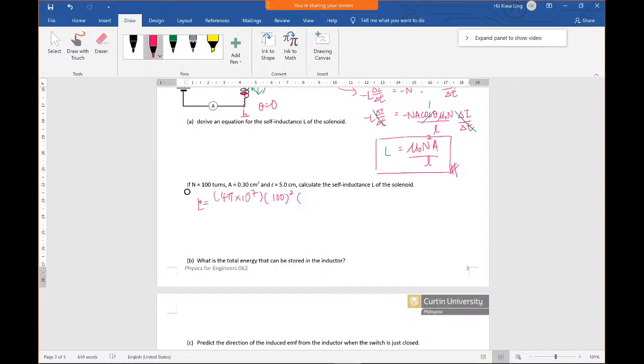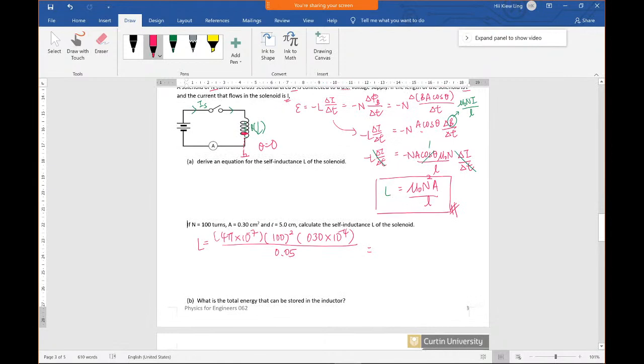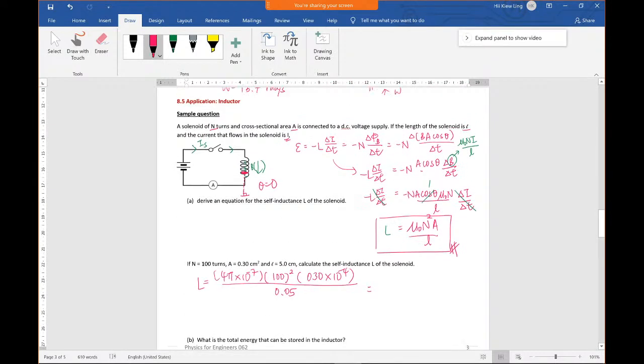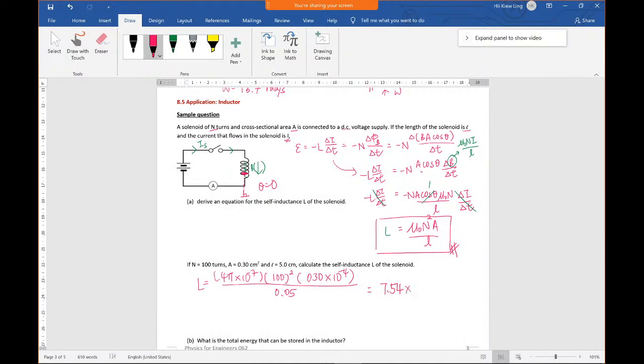Area 0.3 centimeter square, convert to SI unit times 10 to the power of negative 4, divide by length, which is 0.05. So from the calculation, you get 7.54 times 10 to the power of negative 6 henries.